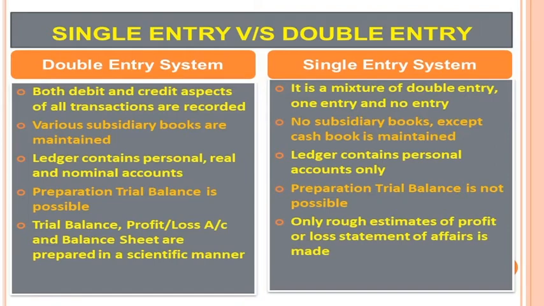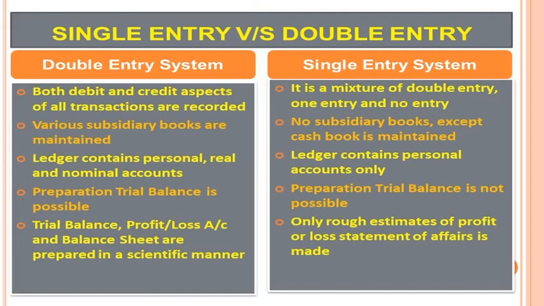The trial balance, trading and profit and loss account, and balance sheet are prepared in a scientific manner. All the final accounts depend upon the trial balance, the trial balance depends upon ledger balances, and ledger balances depend upon journal entries. So one depends upon the other in a scientific manner.